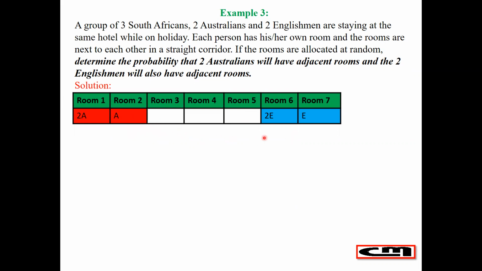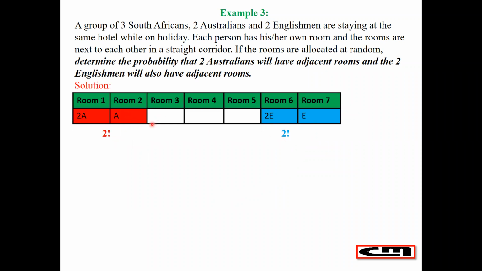Right? So at the end, we need to know in how many ways the Australians can fit in the 2 rooms. So it will be 2 times 1, which is 2 factorial. For the Englishmen, the same, 2 times 1, right? So it will be 2 factorial, 2 factorial, right?